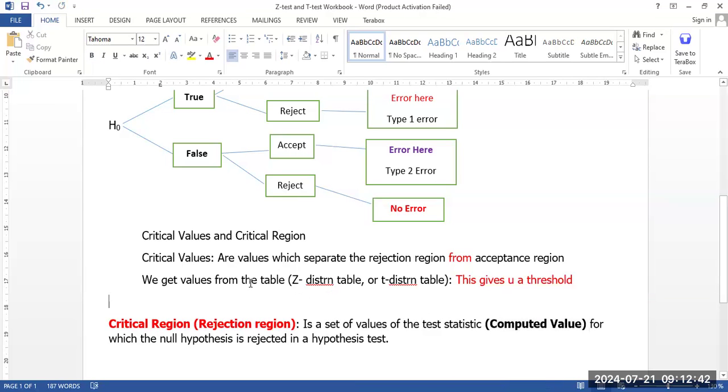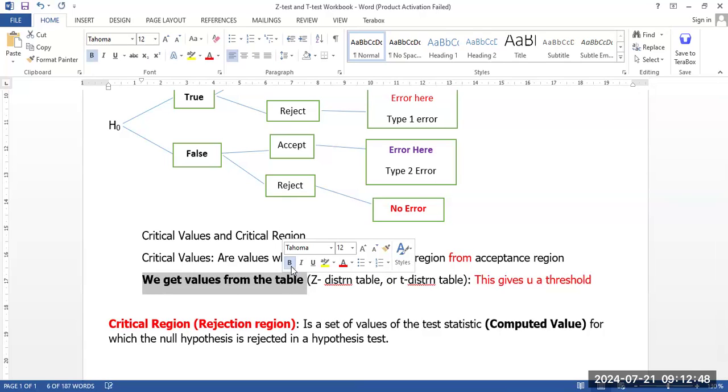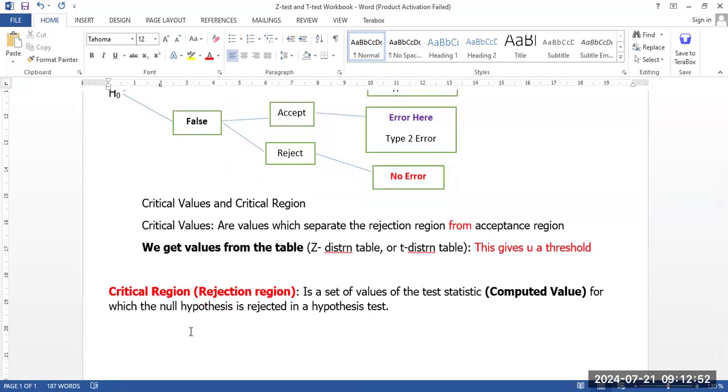So you will be having the value from the table here, which sets your threshold. Then with that value from the table, you will be asking yourself, does the computed value fall within the acceptance region? If it falls in the rejection region, then you will reject your null hypothesis.